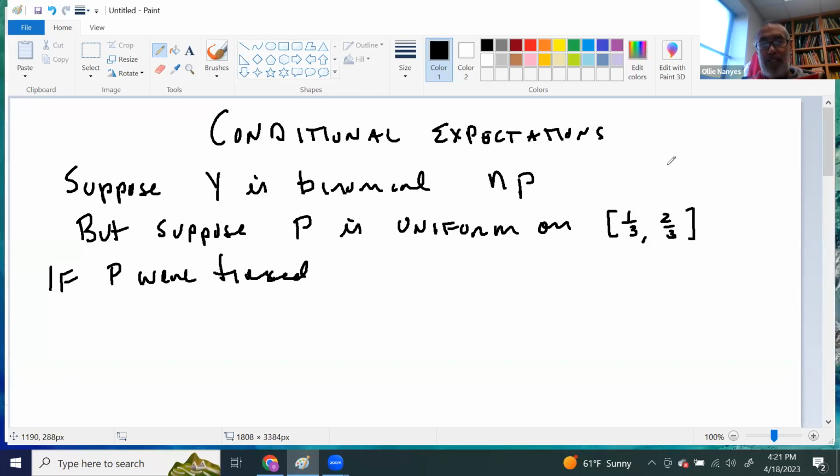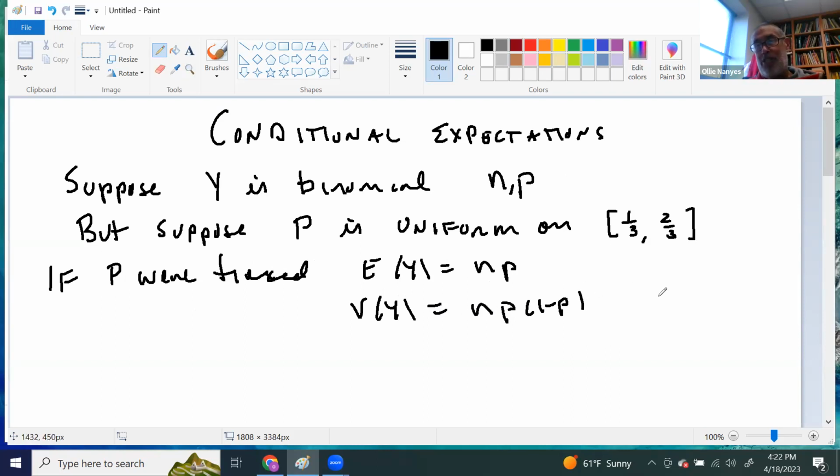Now, normally it would be easy to calculate, if p were fixed, with let's say parameters n and p, then the expectation for y is going to be np, no problems there. And the variance for y would be np(1 minus p), or commonly written as npq. But we have the situation here where p itself is a random variable.